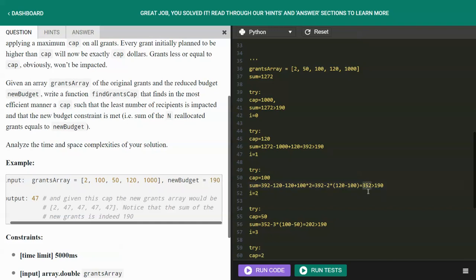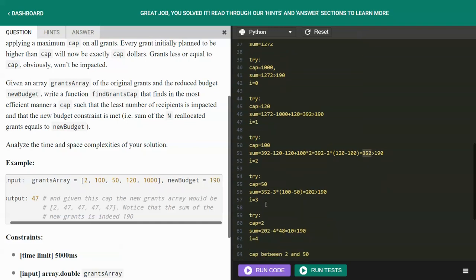Then we arrive at 352. In this case, when we have a cap rate of 100, all the grants above 100 will be capped at 100, but the grants less than 100 stay the same. So if we sum that, 100 plus 100 plus 100 plus 50 plus 2, it is exactly 352. And this is still greater than the new budget. So we keep trying, right?